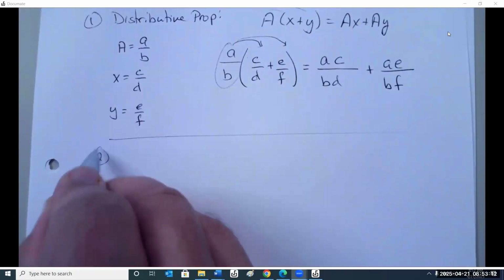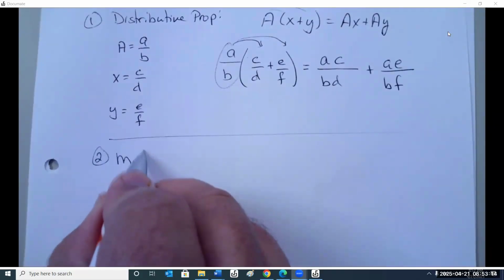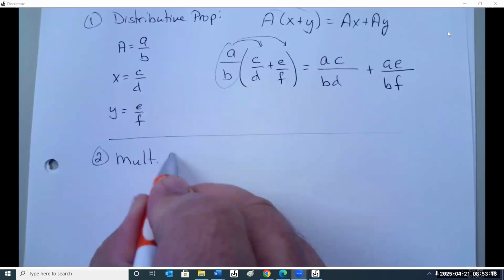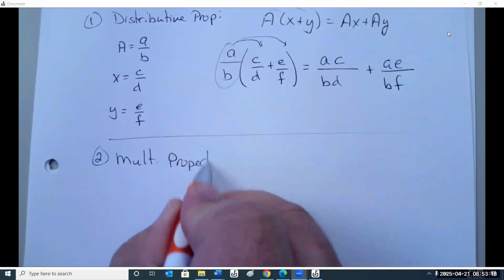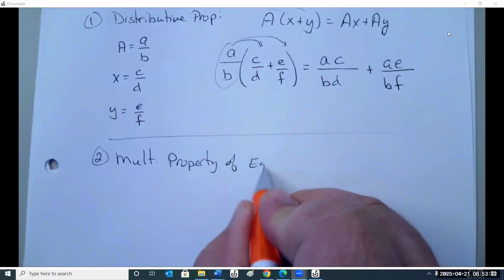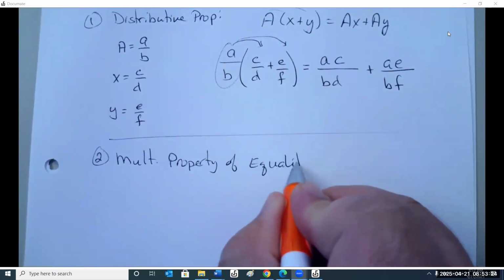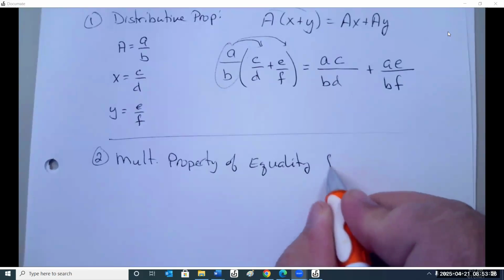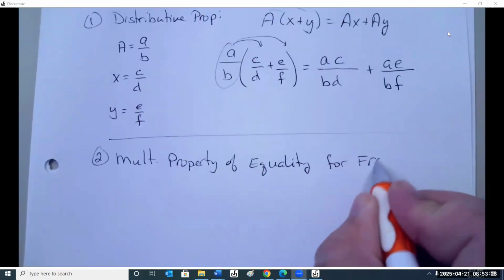The second one, the multiplication property of equality for fractions.